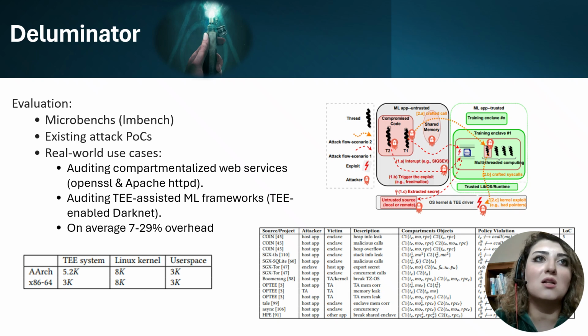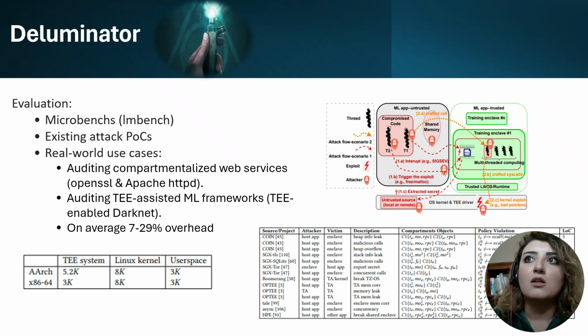We targeted Darknet ML systems that are ported to TrustZone and SGX for in-enclave ML computations, and there is a wide range of attacks, like multi-threaded attacks, where you can, for example, change the accuracy of the model by tampering with synchronization, and for example, from the scheduler point of view, not let the thread do the computation inside the enclave.